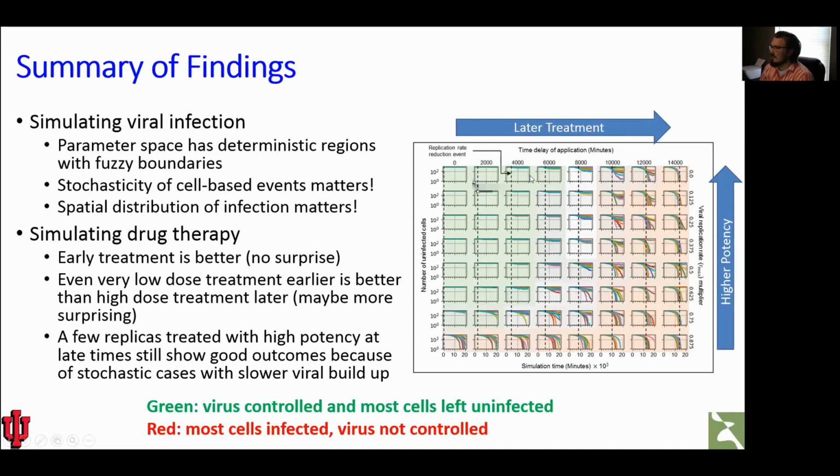And then moving from bottom to top, at the very bottom row is the weakest treatment, meaning the weakest reduction in the Rmax coefficient. And then moving up to the top row, this is the strongest drug therapy, having the highest potency.